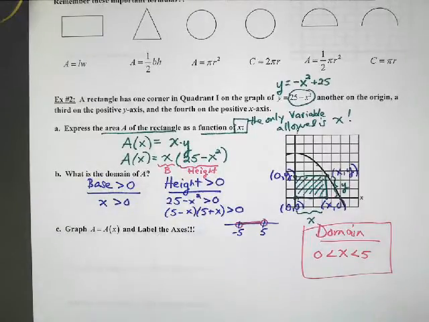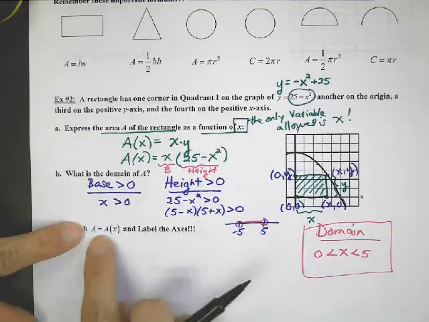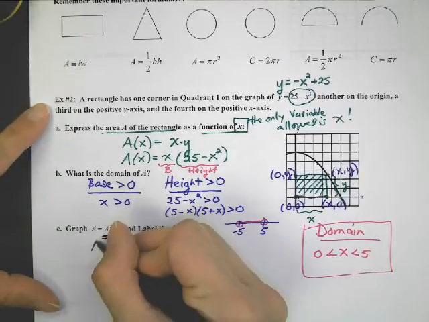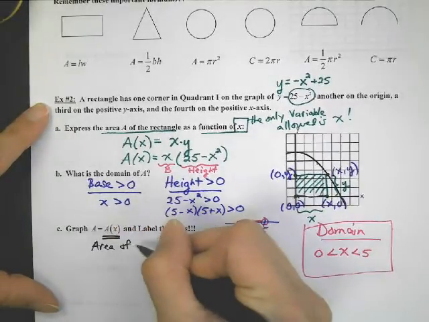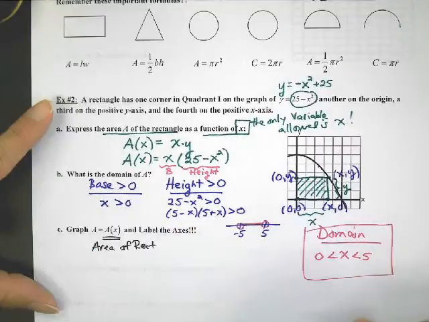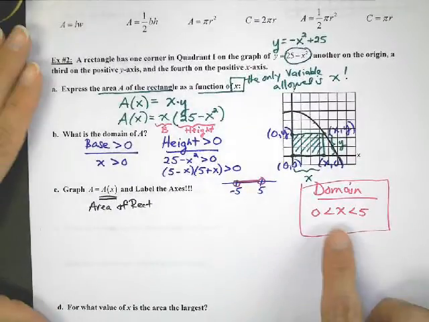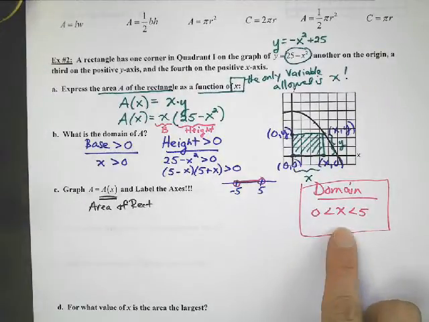Okay, so now we're going to start drawing a graph and doing some calculations for the area. They want me to draw a graph for the area of the rectangle. And it doesn't make sense to show any negative numbers.